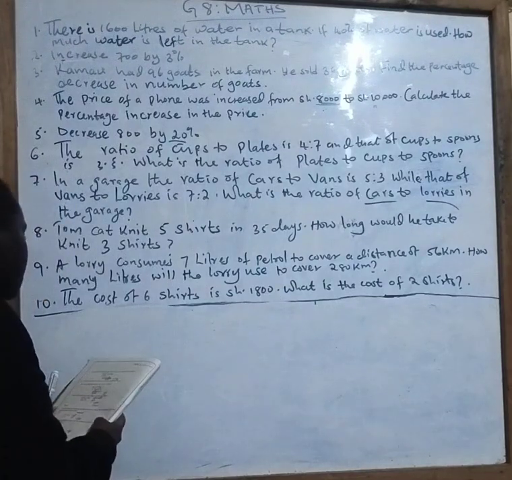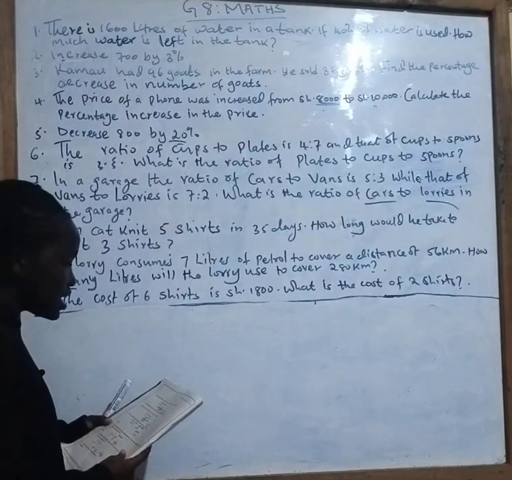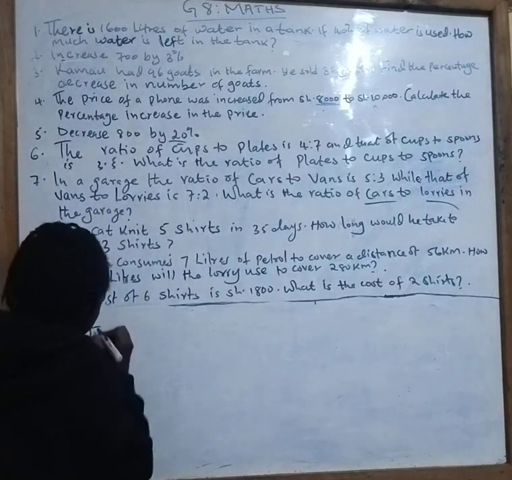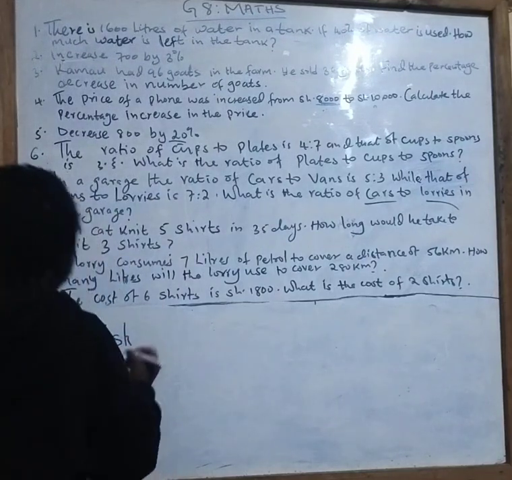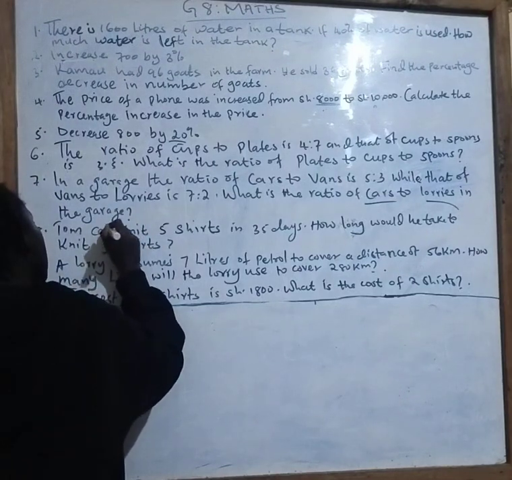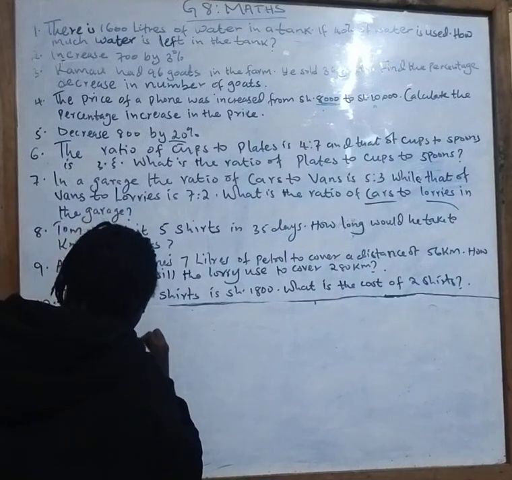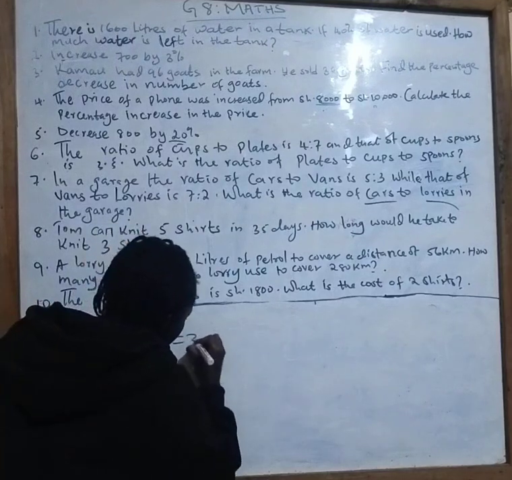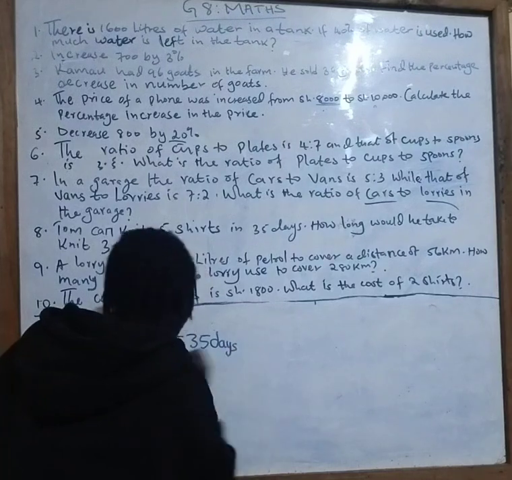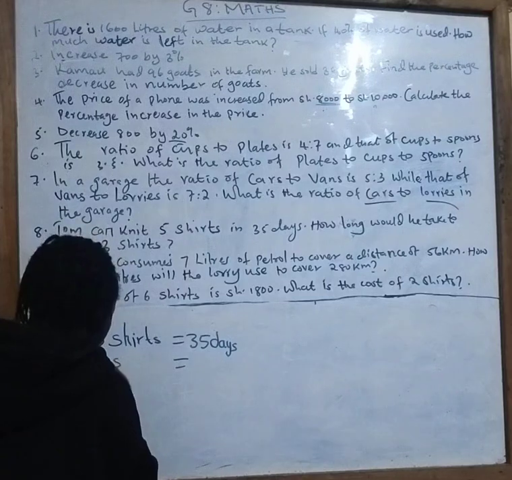Tom can knit 5 shirts in 35 days. How long will he take to knit 3 shirts? So, 5 shirts is equal to 35 days. What about 3 shirts?